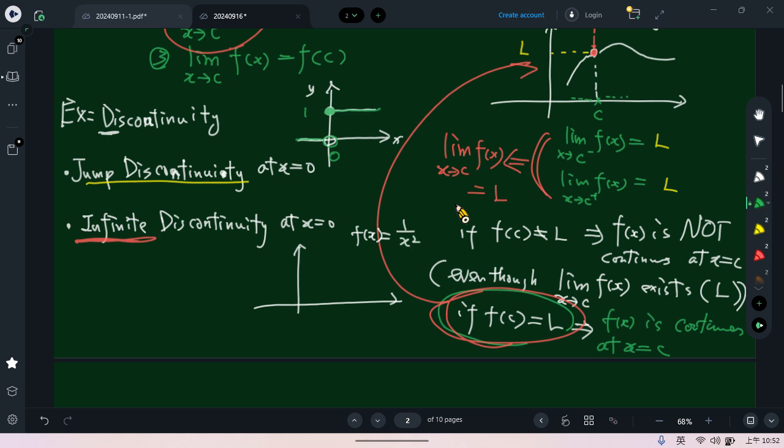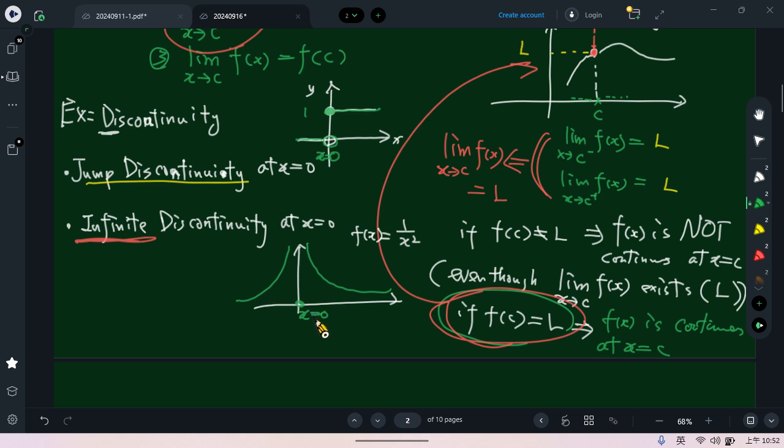So the curve will be just like this one. At this point, we will find that except for 0, all points are continuous.